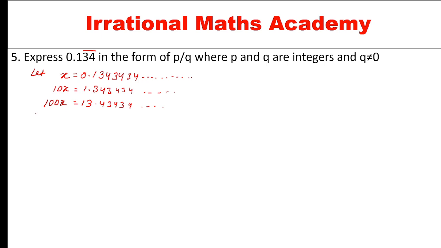So one more thing I'll do, I'll multiply both sides with 1000. So now I'll get 134.3434, and so on. Now from 10,000x I'll subtract, because if you see here, after the decimal 3434 is repeating.